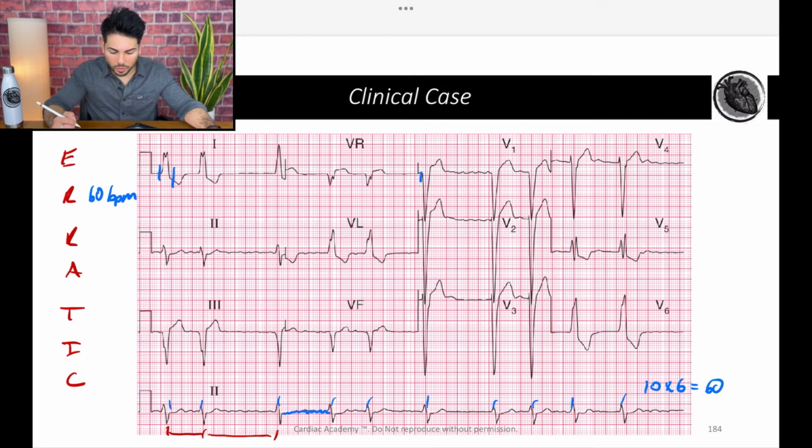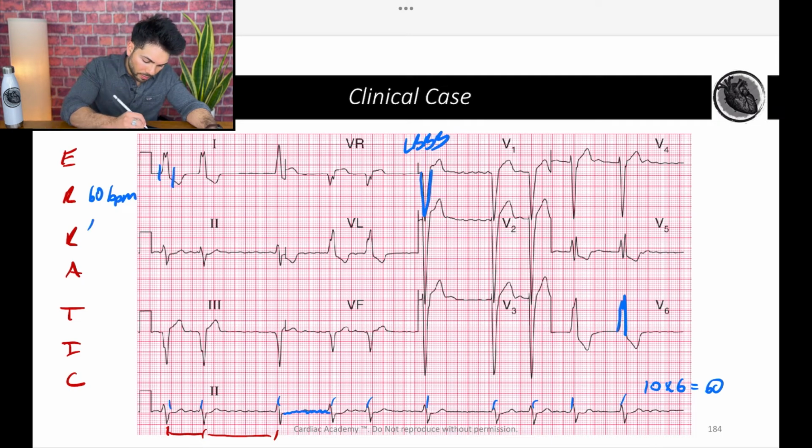So this is a left bundle branch block. So for rhythm, we have AFib with a left bundle branch block. Then axis: A is for axis, and we look at lead 1 and AVF. Both of them should be positive.